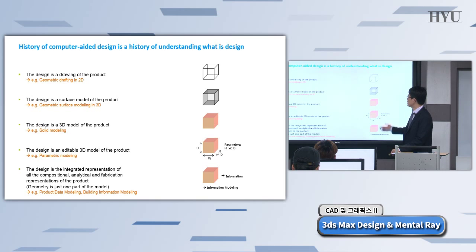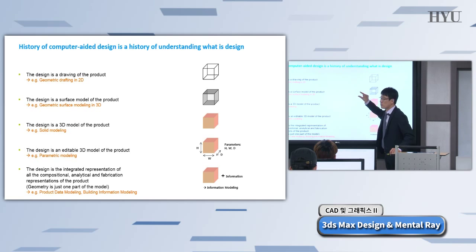But people believed that if we can define objects in the 3D XYZ Cartesian coordinate system, even in computers, it'll be very nice, simply because we can rotate, we can change our view to top, left, right, and so on. And then we can automatically generate any type of views, any type of drawings without any ambiguity, without any problems, okay? That is surface-based, the very early phase of 3D modeling.